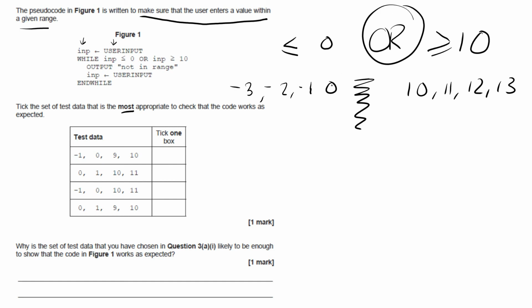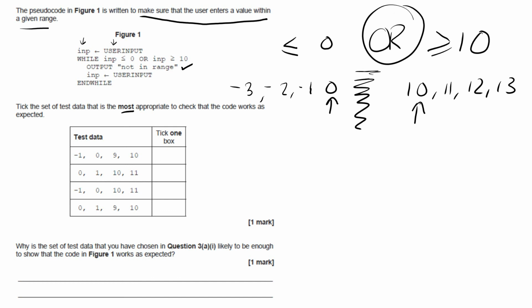So if we wanted to test the boundaries, then we would want to make sure that we were definitely looking at 0 and 10 to make sure that it said not in range. But then we would want to check some of the normal data, so a number within that, just to check that it works the other way as well.